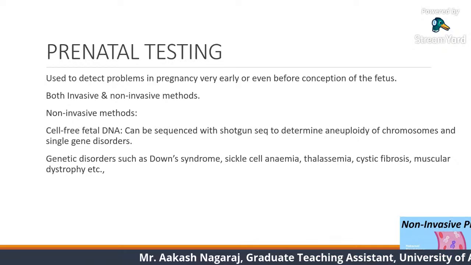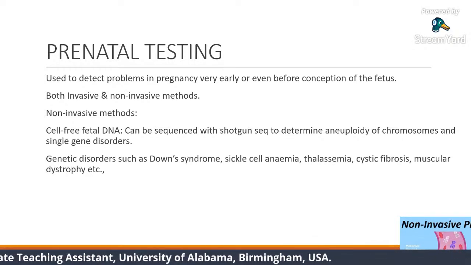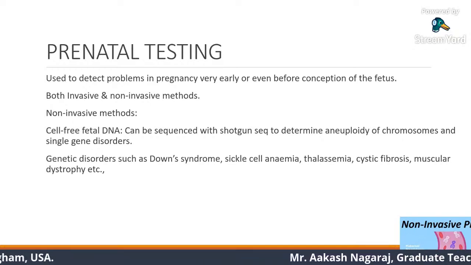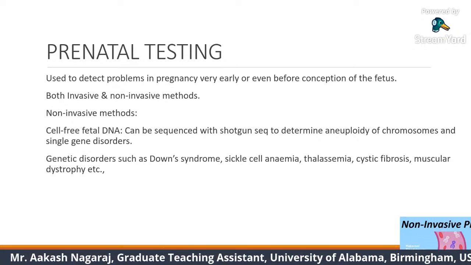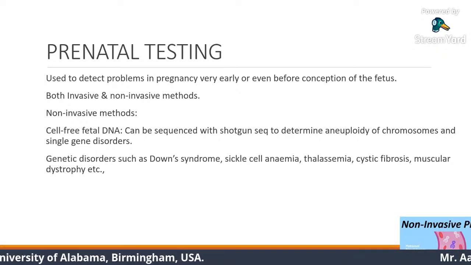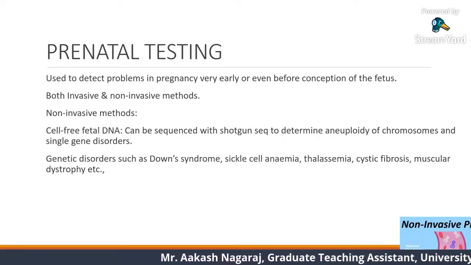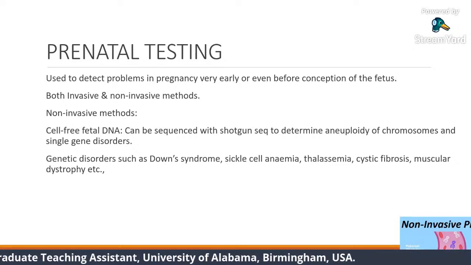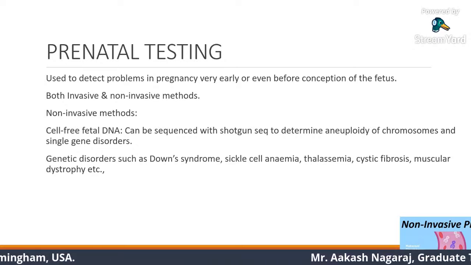So there are 2 methods. There are both invasive and non-invasive methods in this. Some non-invasive is using cell-free fetal DNA. We can get this from the blood of the mother, and by sequencing the DNA of the fetus using shotgun sequencing or other techniques, we can determine many things, whether there is a problem such as mutation in the chromosomes and single gene disorders.